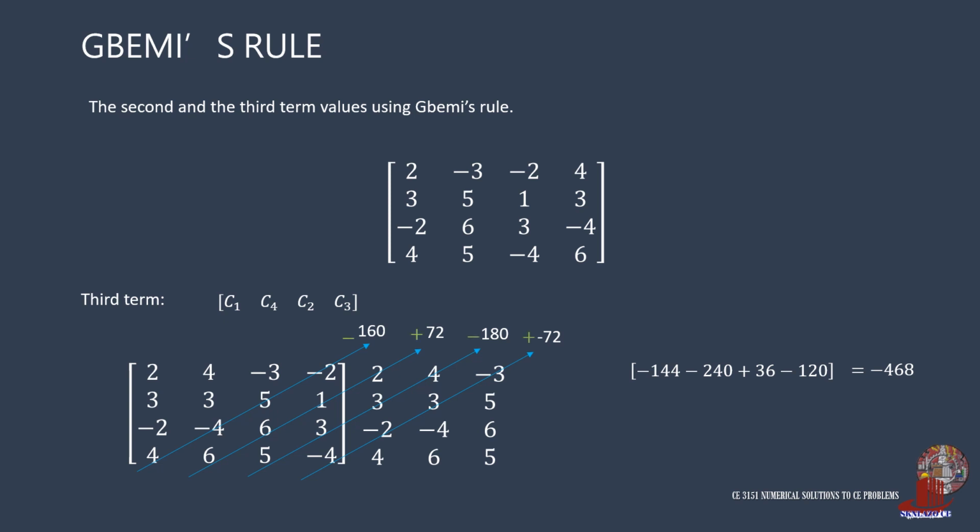Flip signs starting with negative, then add them. That's negative 160 plus 72 minus 180 plus negative 72, which is equal to negative 340. Subtract positives with negatives and get negative 468 minus negative 340, resulting in negative 128.